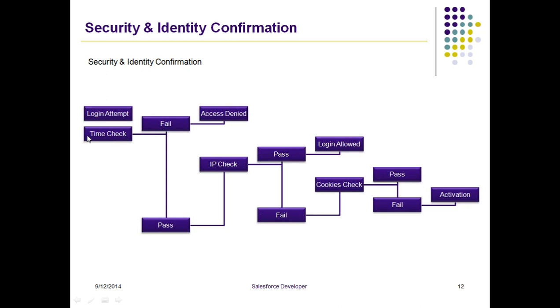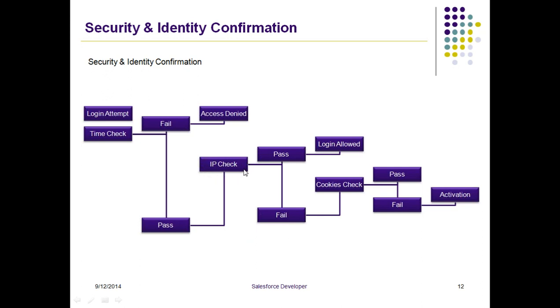And if it sees that you are logging in at the right time, then it will go to the next level of check. So if your time check fails, your access is denied, else you go into the next step where it does an IP check. The next thing it will check is the IP address from which you are logging in. Is that the correct IP address or the wrong one?